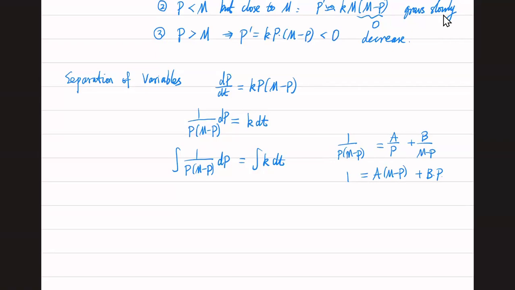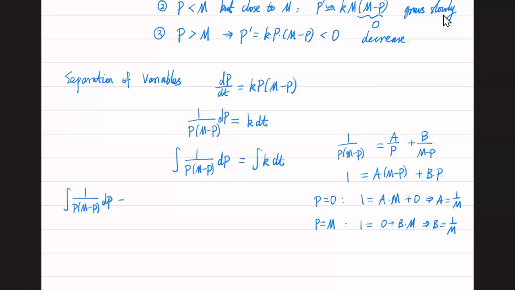So when P is 0, P equals M. So this partial fraction decomposition becomes the integral of two simpler ones.